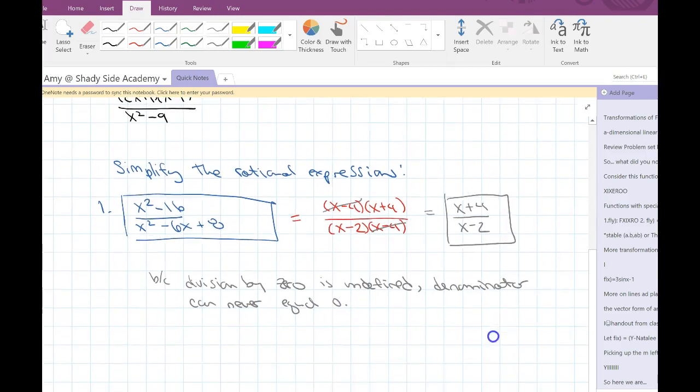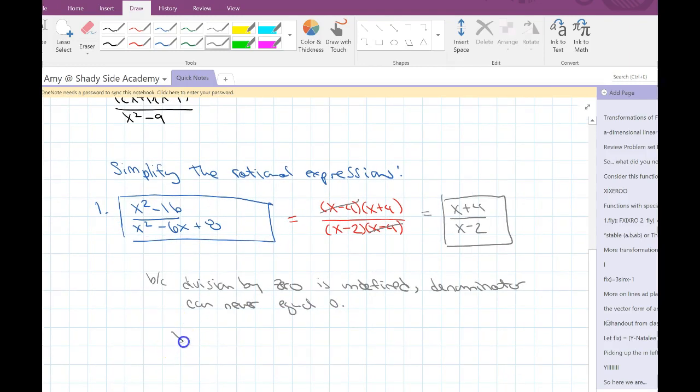What that means is, in this case, x squared minus 6x plus 8 can never equal 0. If you look at the denominator when it was factored, you will see that if x were to ever equal 4 or 2, that would make the denominator equal to 0.